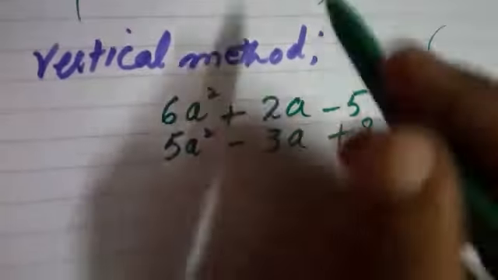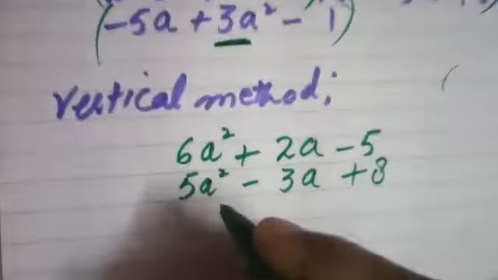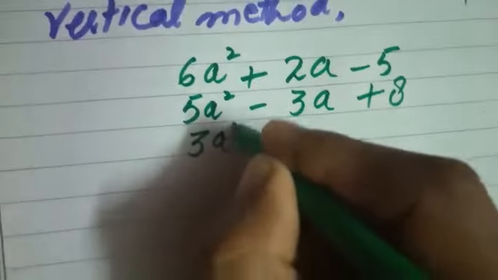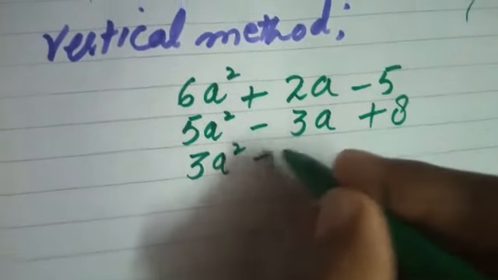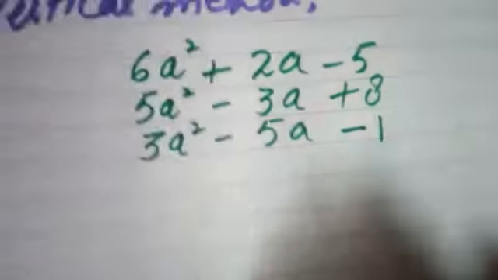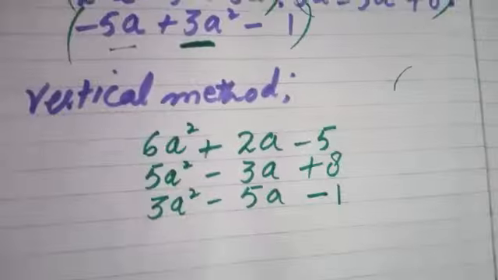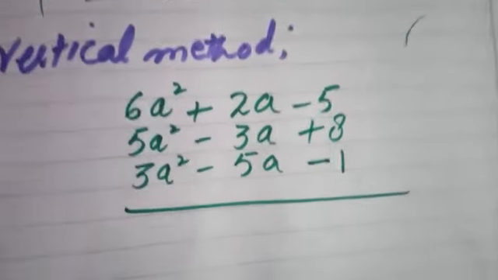And in the third expression we have to write first 3a square, minus 5a, that is the second, and then minus 1, and we are adding it.